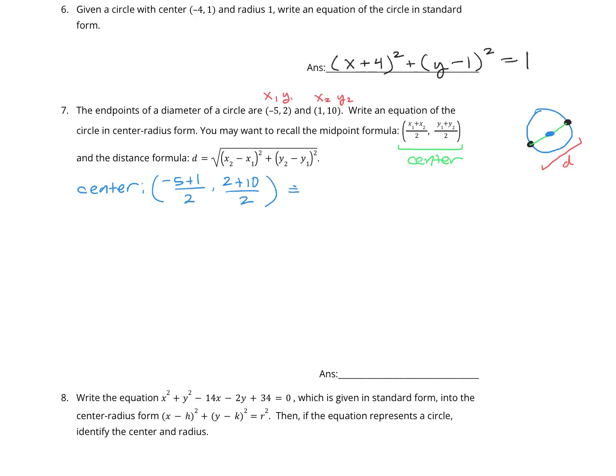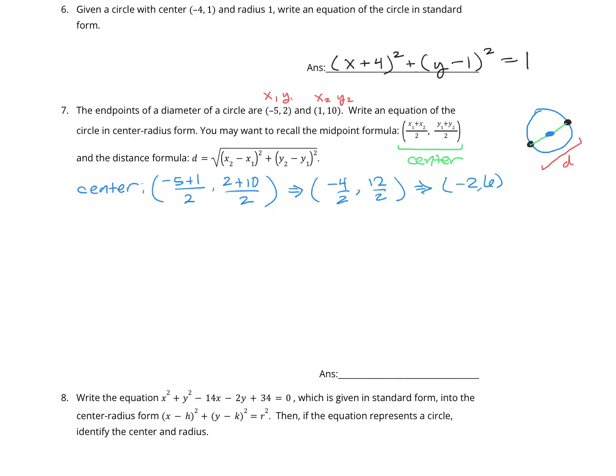If we simplify that out, we're going to have -4 over 2 and 12 over 2, which simplifies down to (-2, 6). So that's the center of our circle, which is the midpoint of the line segment between the two endpoints.